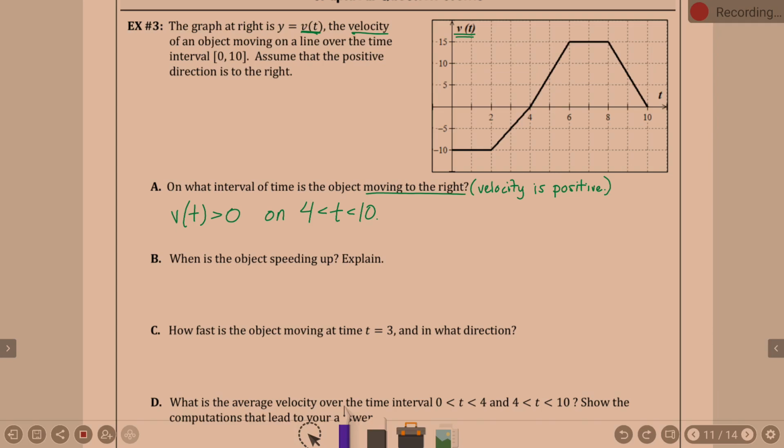When is the object speeding up? Velocity, acceleration, and distance. Okay, this goes back to speed. Increasing speed, same signs. Decreasing speed, opposite signs. So we are looking for when v of t and a of t have same signs.